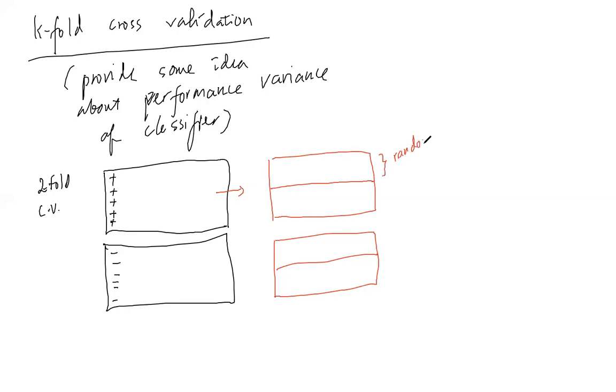This is randomized already. So you randomize, then let's say if this is 100, this layer is 50, this layer is 50, right? You randomize, and then you cut at this point. So this is plus. All right.